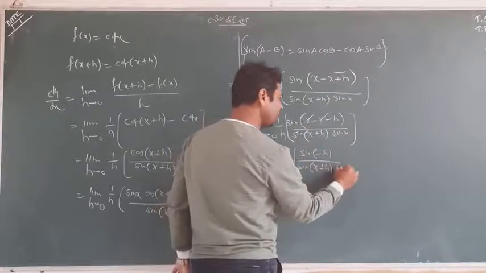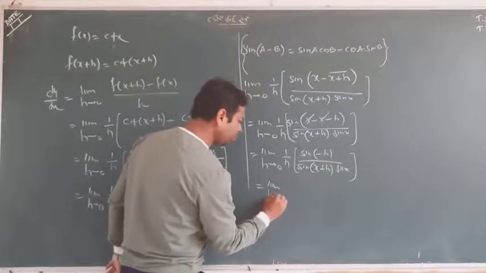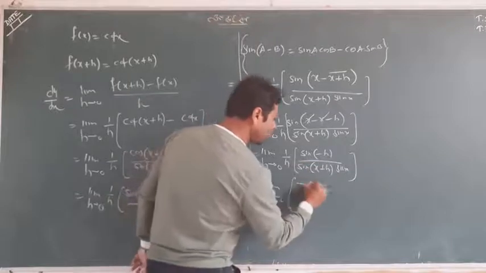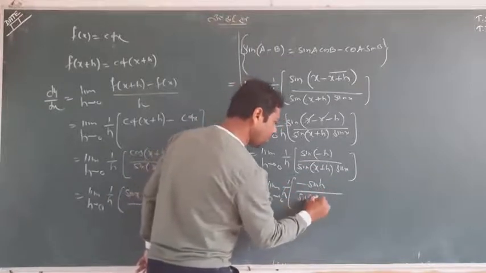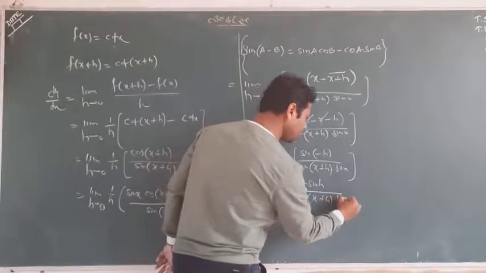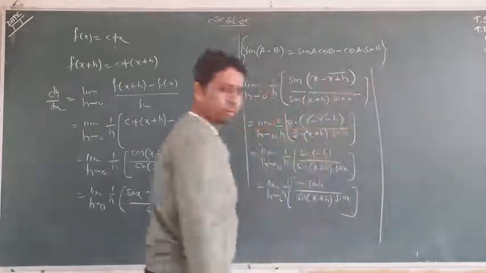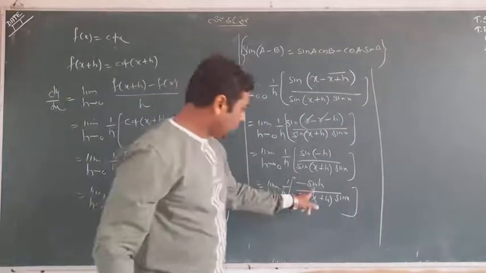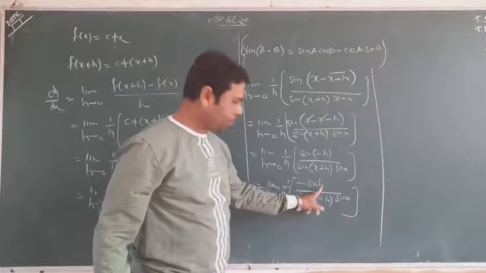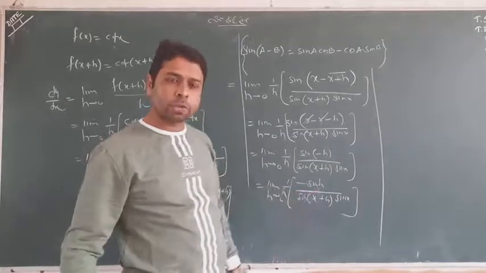What will we do? Sine of minus theta is minus sine theta. You know it. So sine of minus h is minus sine h, upon h, sin x plus h, sin x. What will we do next? Along with that it is h. I will manage this h, the denominator of sine h, so that it becomes 1.